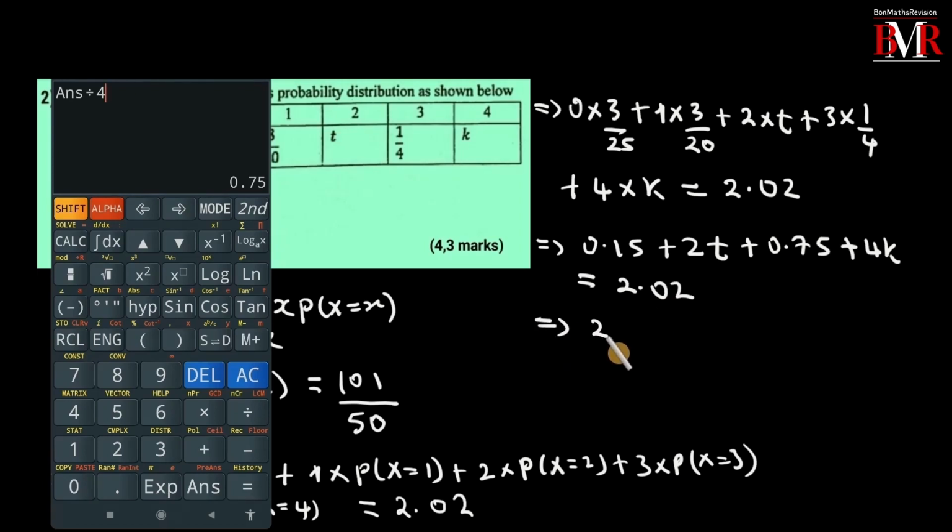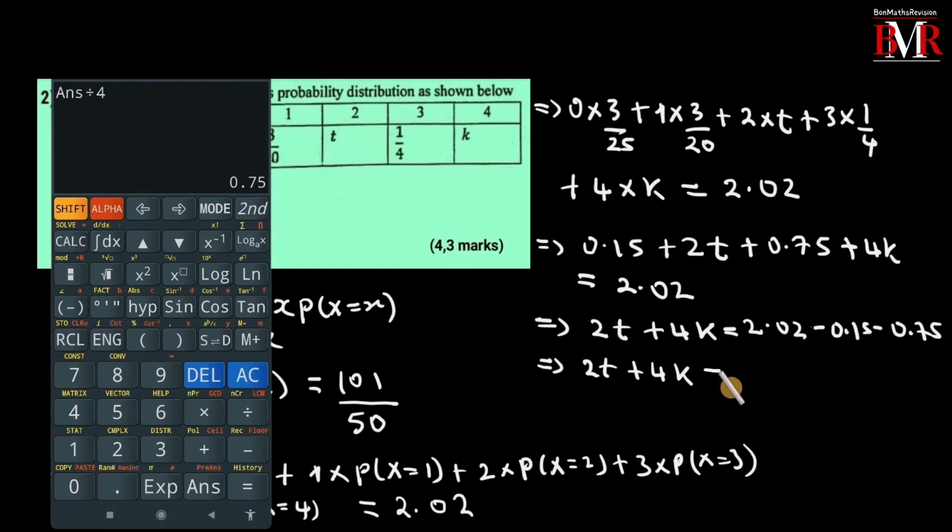That means 2T plus 4K is equal to 2.02 minus 0.15 minus 0.75, which is equal to 1.12. Now let's call this equation 1.